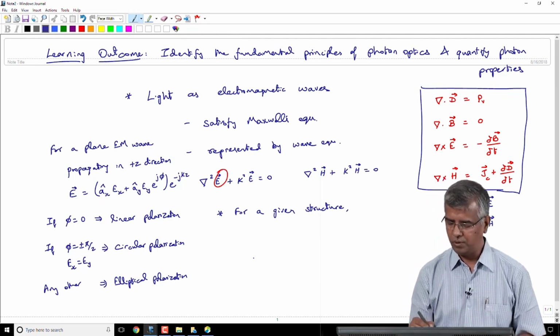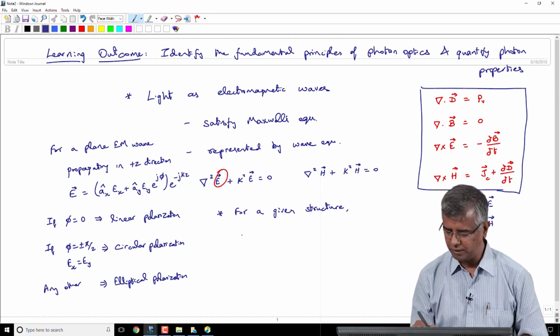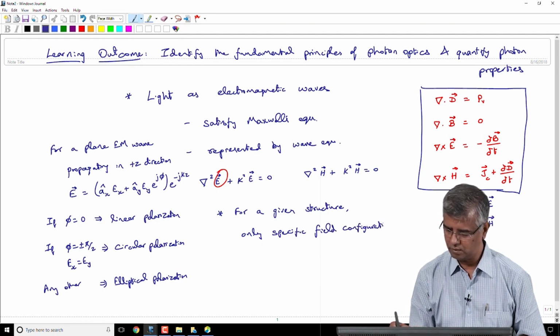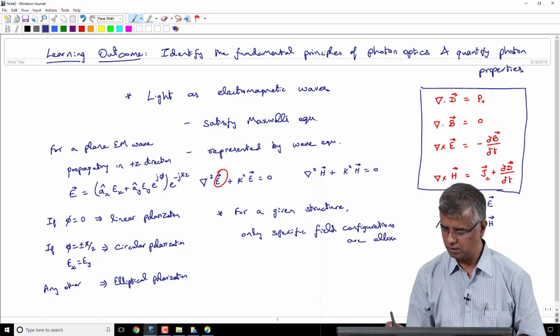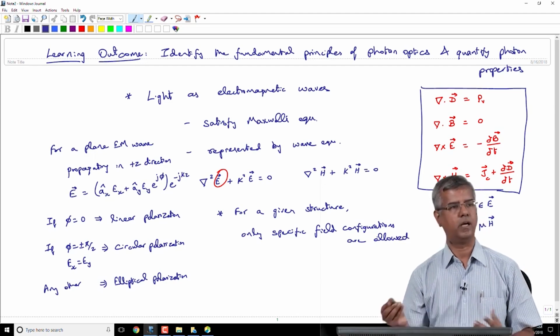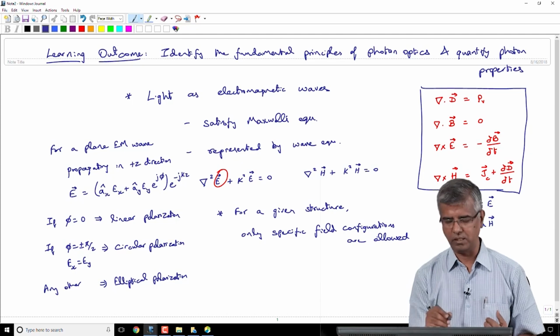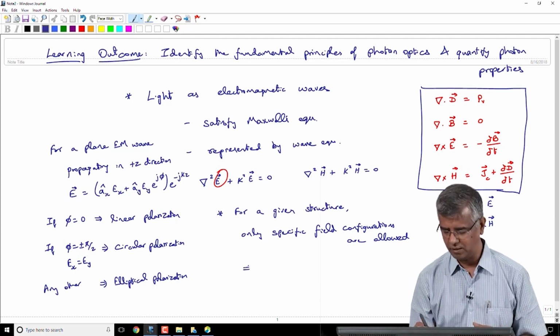So, what we will find is for a given structure only specific field configurations are allowed, okay, are allowed by Maxwell's equations. So, what do we call these specific field configurations?